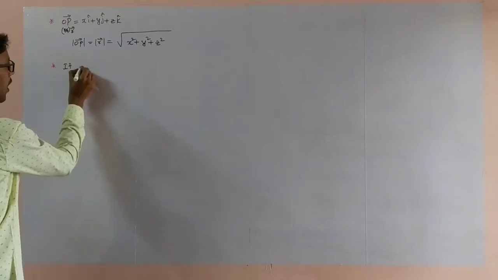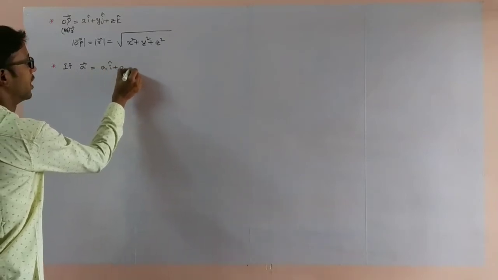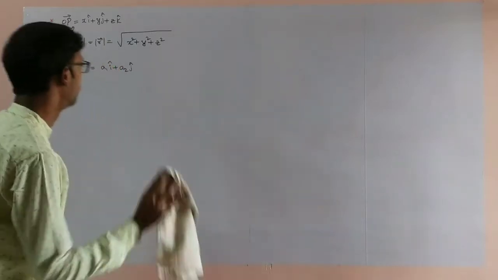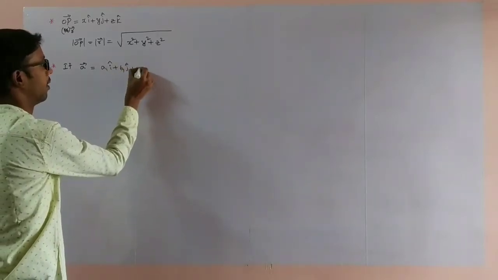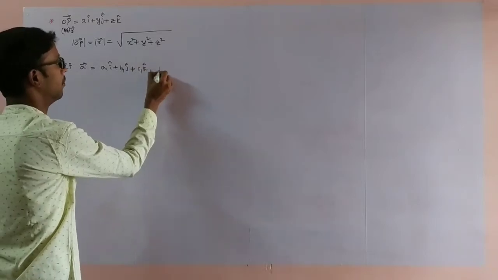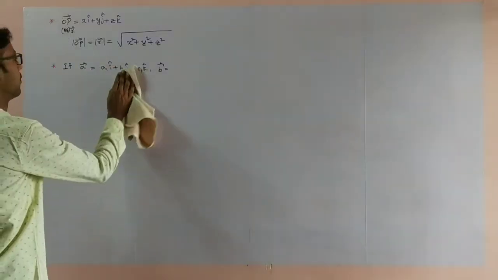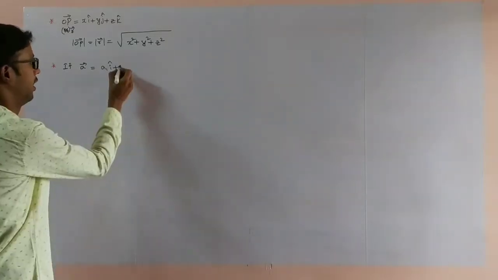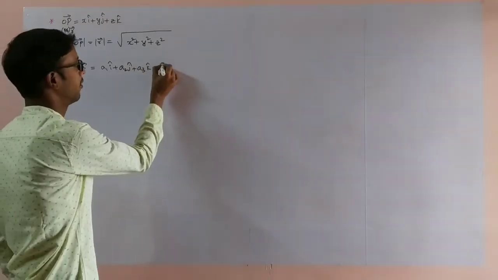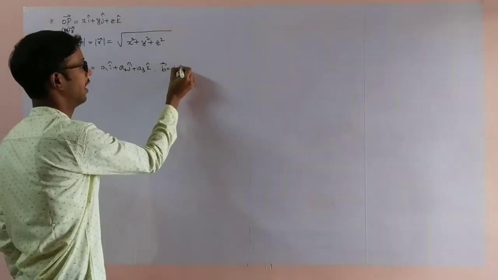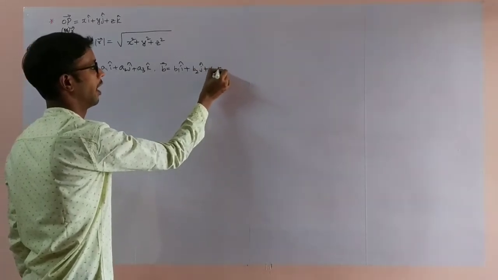Next, one more important point. If A bar is equal to A1 I cap plus A2 J cap plus A3 K cap, and B bar vector is represented as B1 I cap plus B2 J cap plus B3 K cap.